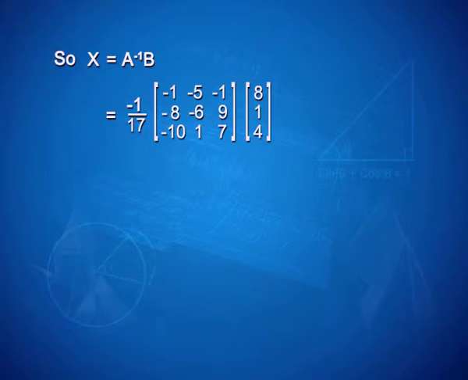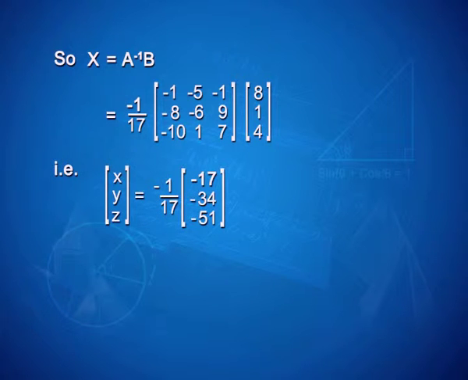So, X is equal to A inverse B, that is equal to minus 1 upon 17 into the matrix minus 1, minus 5, minus 1, minus 8, minus 6, 9, minus 10, 1, 7 multiplied by 8, 1, 4, that is x, y, z is equal to minus 1 upon 17 into minus 17, minus 34, minus 51.